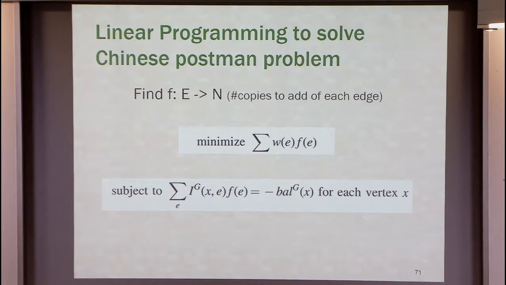We had the imbalance in each node that we wanted to fix, so that we have an Euler tour in the graph. So we have the constraint that the flow passing through the edges has to fix the imbalance for each one of the vertices. And of course, the flow has to be non-negative. We can run this and get a solution to the problem, the shortest double-stranded DNA sequence that covers all k-mers.